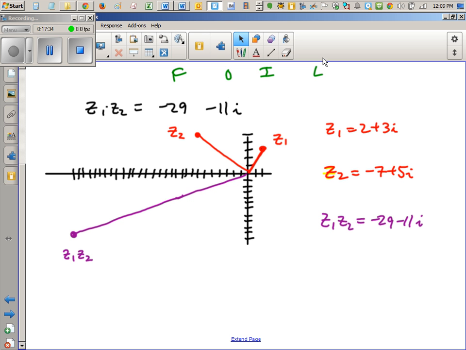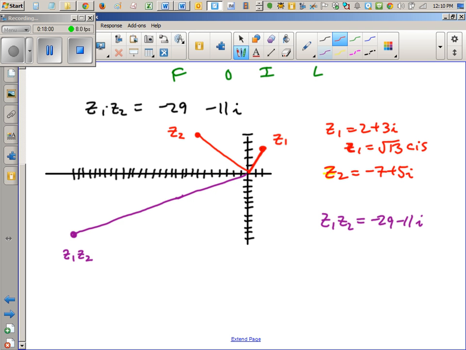So, okay, if you perform the modulus calculation with a 2 and a 3, you're going to get root 13 because it's 4 and 9 and then square root. So hopefully for Z1, somebody in the room got root 13. And then it's cis. And what's my angle? You're supposed to do arctan 3/2.